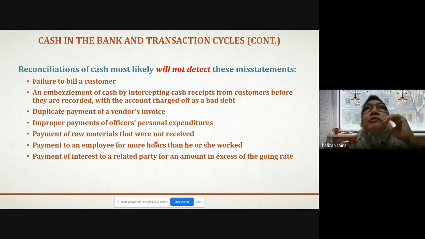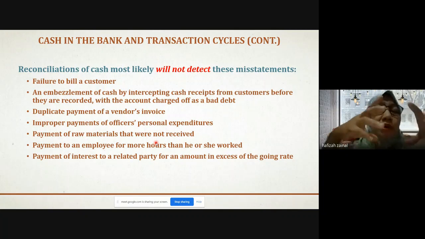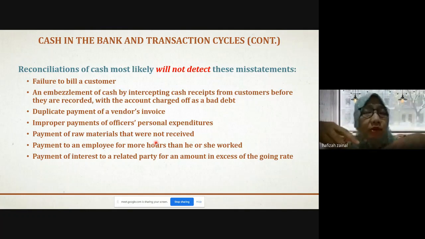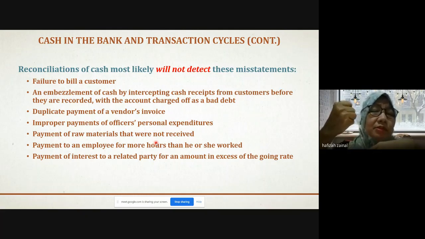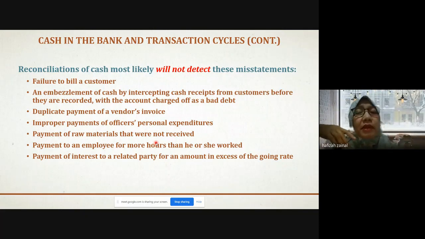Sometimes when the sales is in cash, the customer pays, but your cashier did not record it properly, so the money is outside the cash book and has not been recorded. It can easily be embezzled by a person. You will not be able to see that because it is still off the bank ledger.